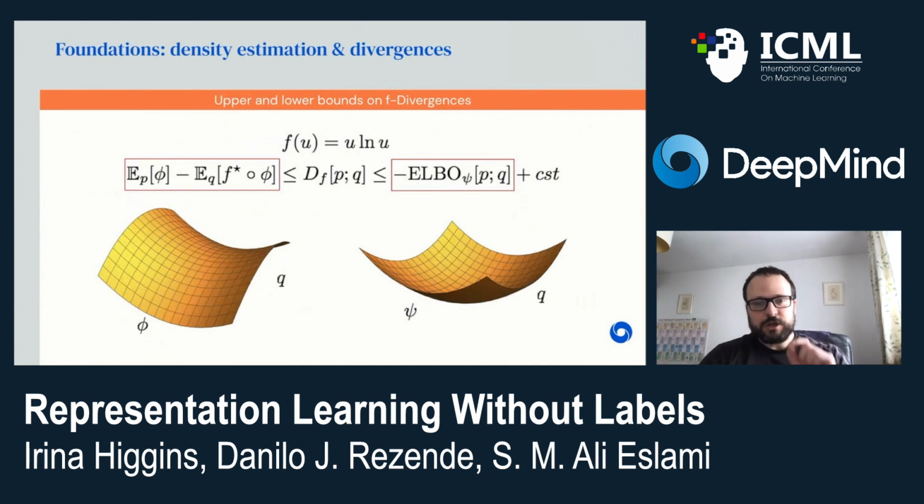For a particular choice of F in F divergences, we can have both a lower bound on the F divergence and an upper bound on the F divergence. And this upper bound is what we call the negative ELBO, up to a constant. The difference between the IPM, integral probability metric, bound to the F divergence and the ELBO is that the ELBO is a convex function of the model in function space.